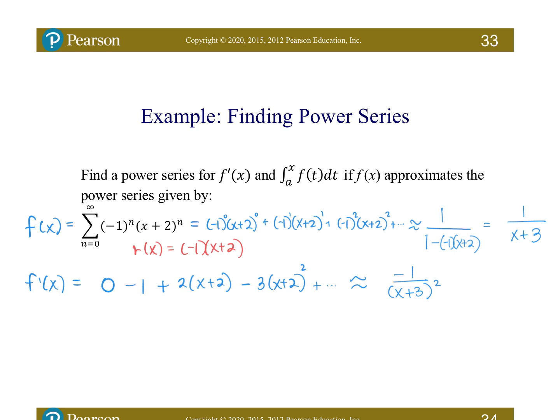Okay, and then what would capital F of x be in terms of the antiderivative from a to x of the original function? Again, we're looking back to the original expansion and finding the antiderivative of that. So what is the first term if I'm finding the antiderivative there?